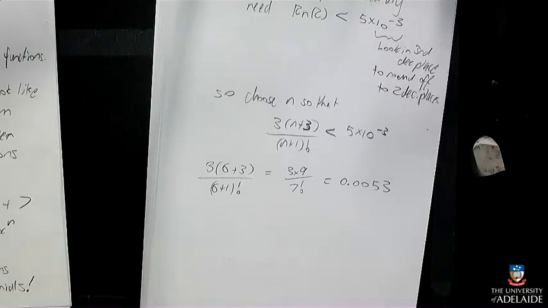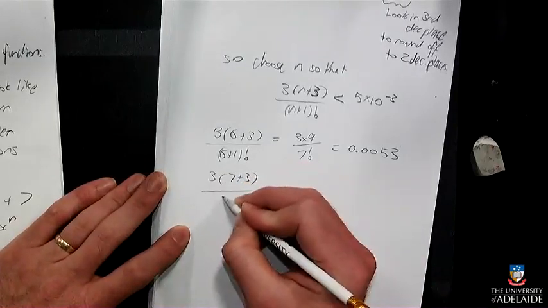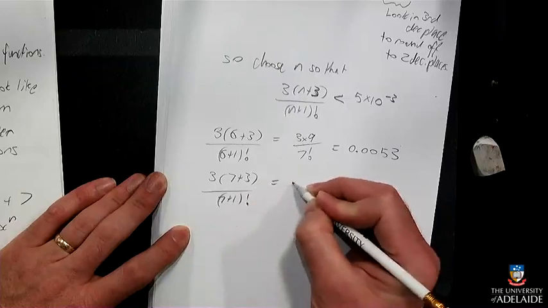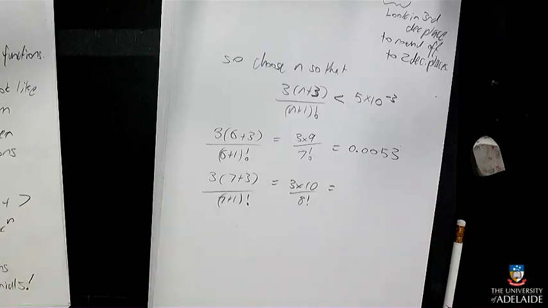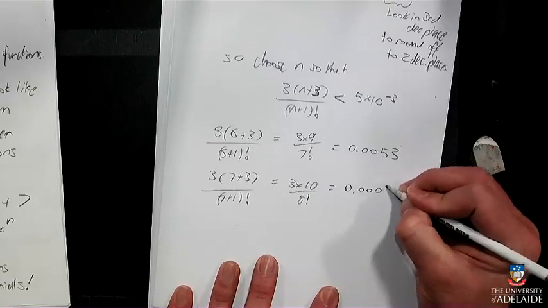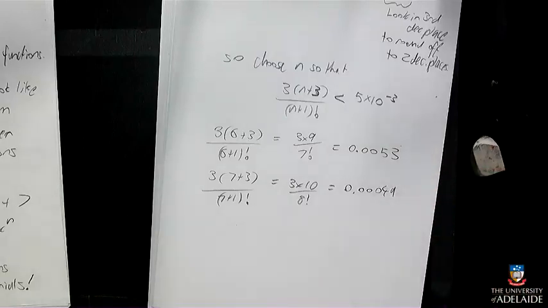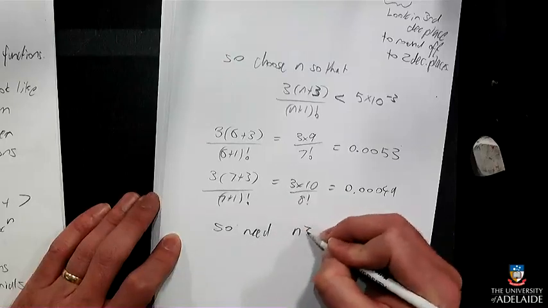And so we're going to have to go to the next one. So it looks like if we want to get 2 decimal place accuracy, we actually end up with 3 decimal place accuracy, which is pretty cool. So need n to be greater than or equal to 8.